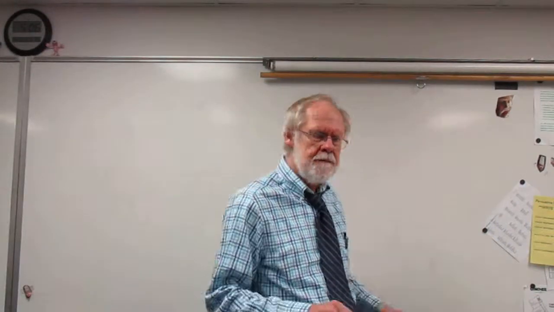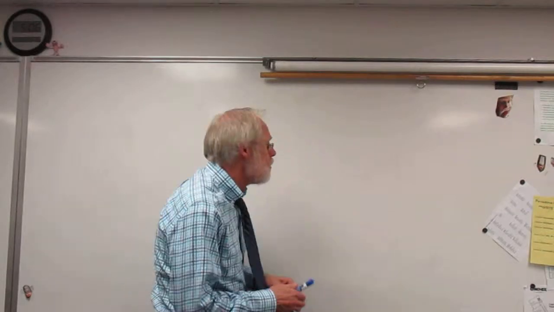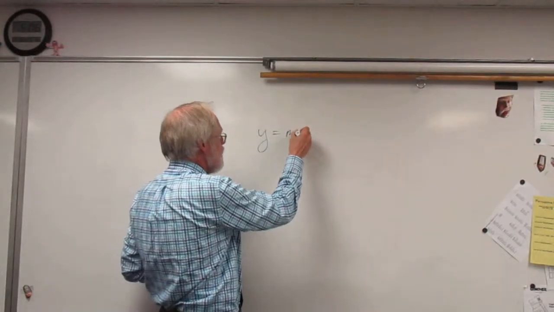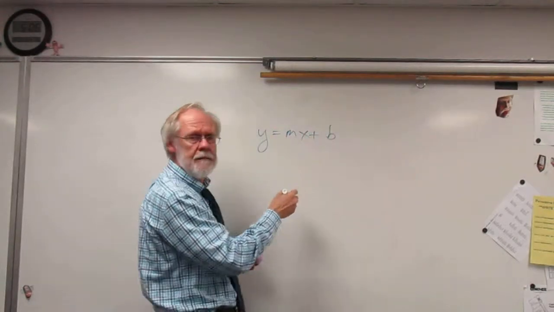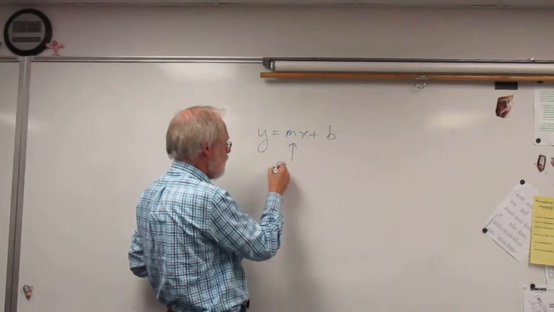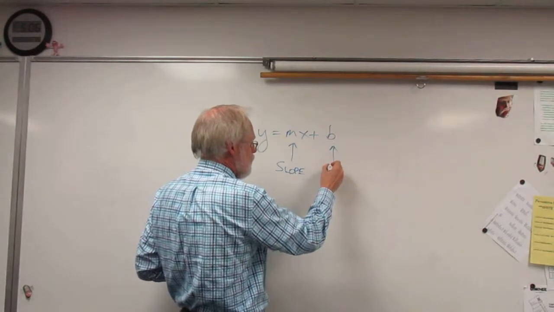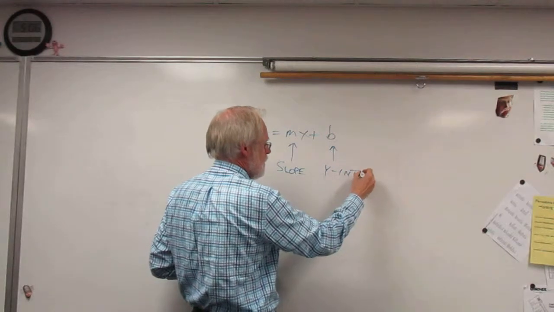And you may recall that we have a form for linear equations, y equals mx plus b, where m is the slope of the line, and b is the y-intercept.